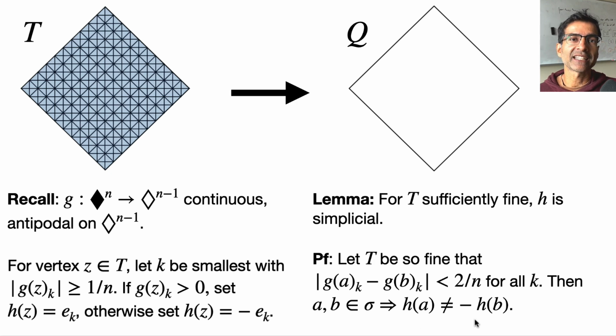Okay, it's not possible that H(A) is equal to E_K and H(B) is minus E_K. Because if that was true, then the distance between G(A) and G(B) would be bigger than 2 over n.